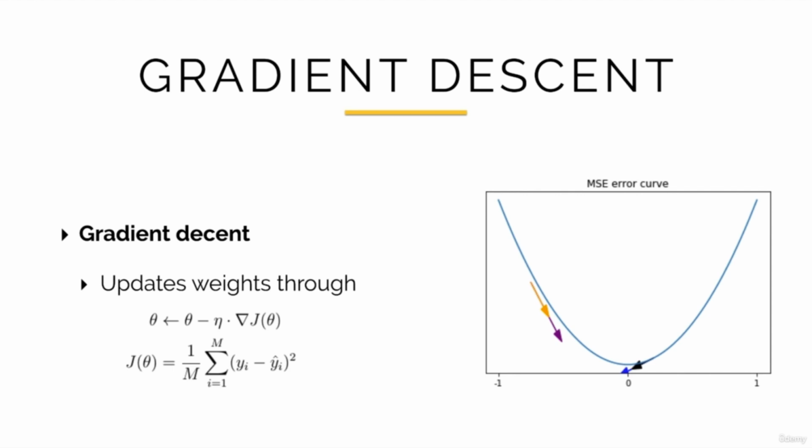Now if you scale the learning rate, you can essentially think of scaling that gradient, so changing the learning rate is basically changing between the orange or the purple arrow in one case, or the black and the blue. So we can make our learning rate bigger or smaller, and that affects the step size that we're going to take. So all that we're doing with gradient descent is we have our weights, including our bias.